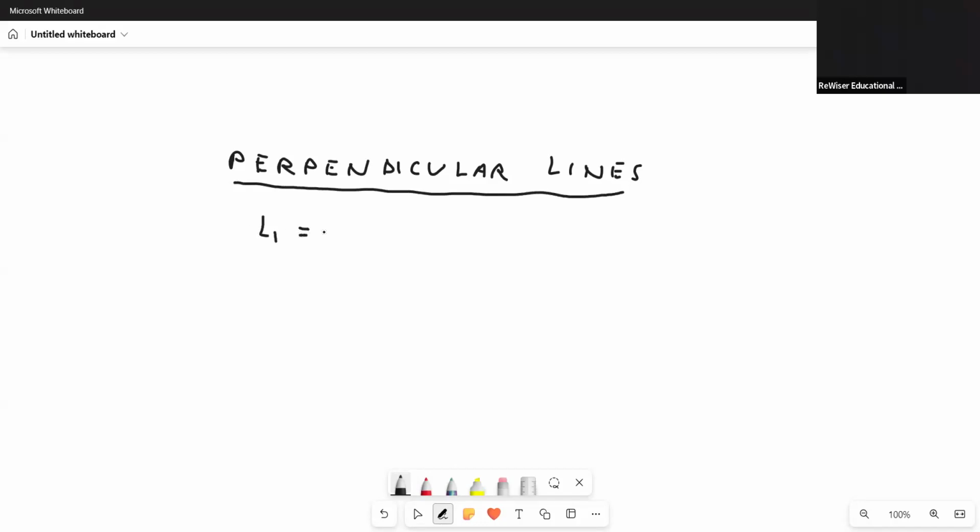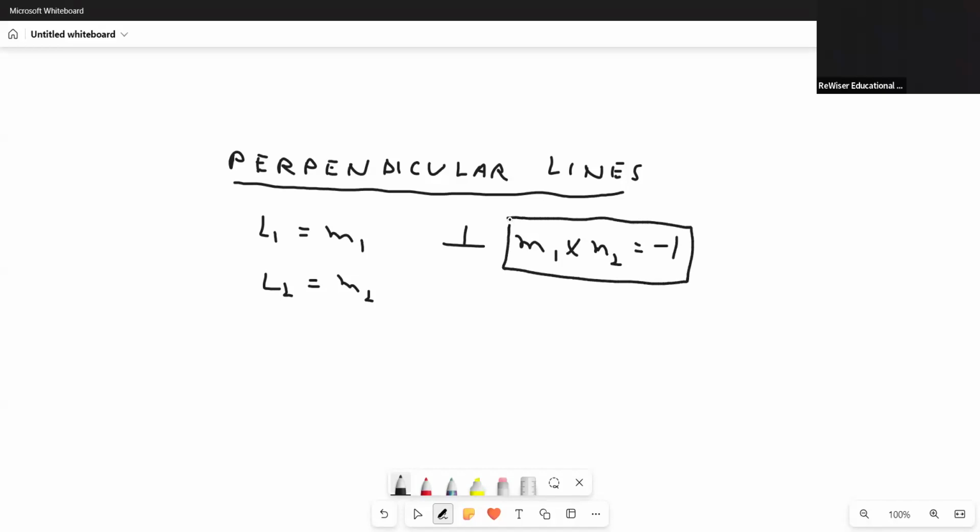Suppose the slope of line L1 is m1 and line L2 has a slope m2. For the lines to be perpendicular, the product of the slopes has to be equal to minus 1. Or we can say that they are negative reciprocals of each other.